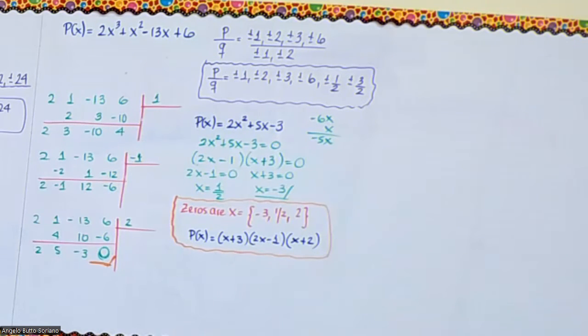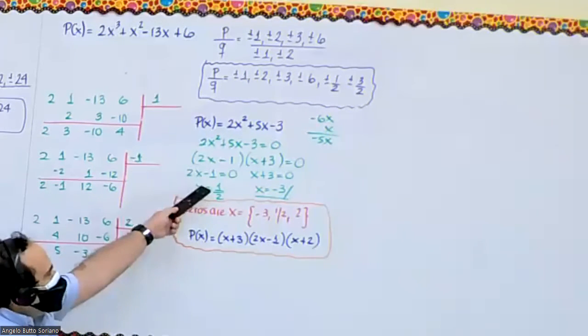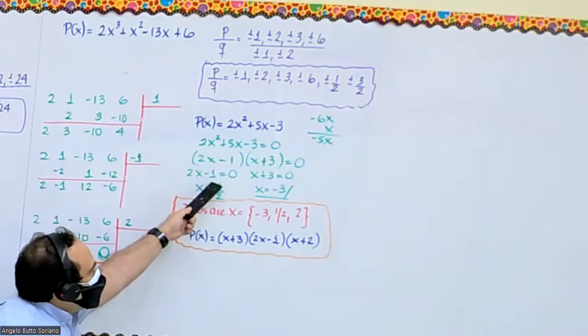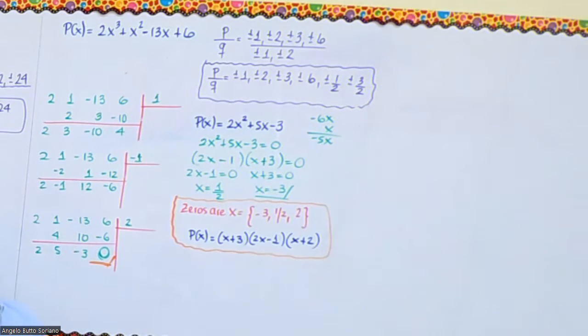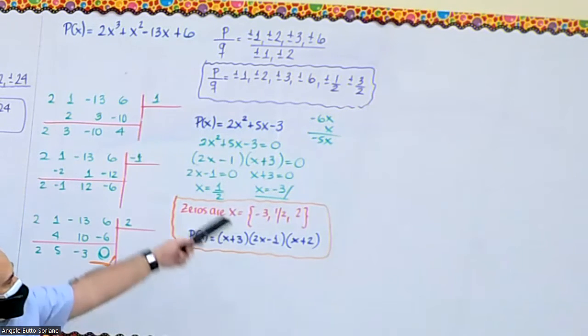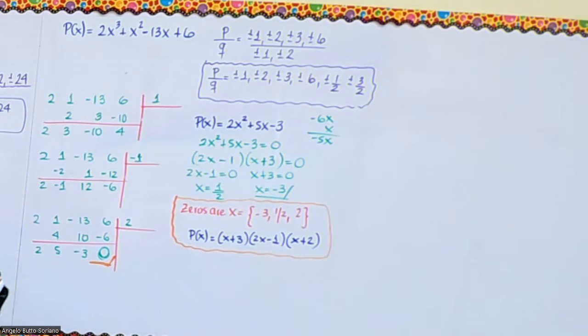Mr. Where do you get that 1/2 on zeros, x equals? Because of this answer. When you solve this equation, 2x minus 1 equals 0, this number subtracting passes to adding, and this number multiplying passes to divide. That's why. And another one, x plus 3 equals 0, so x equals -3.